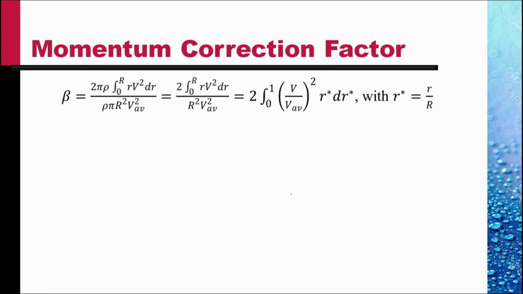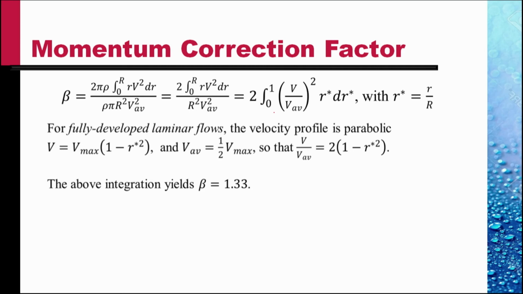That is, beta is equal to the numerator divided by the denominator. Now, if we evaluate this factor beta for laminar flow first, the velocity profile is parabolic. That is, v is equal to v max into (1 minus r star squared). And the v average we have shown before is 1/2 v max. So that v over v average is 2 into (1 minus r star squared). The above integration yields beta is equal to 1.33.